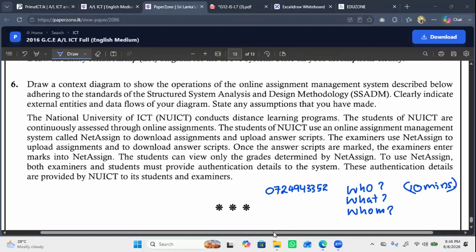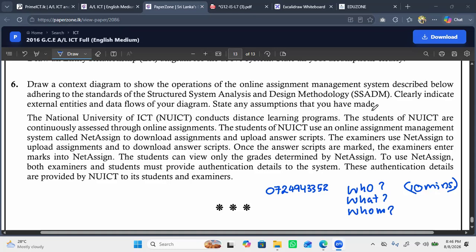Will you show the diagram I drew before? Which diagram? You didn't send me a diagram, right? I won't show your diagrams on the screen, don't worry.